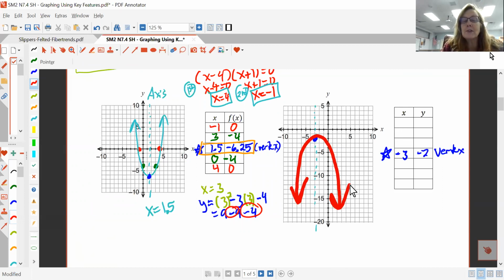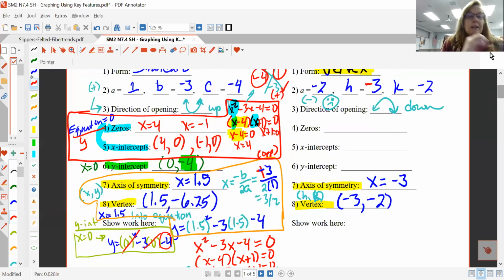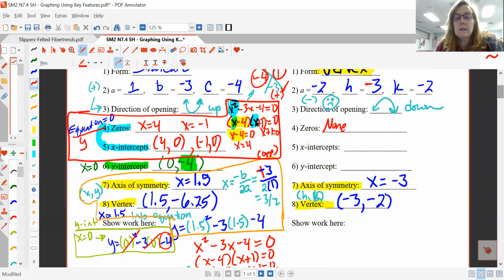Since my graph is going down from the vertex, I should be able to see just by thinking about it or drawing a possible shape for it that I do not actually have any zeros or any x-intercepts. So we can write none. You can write D N E, does not exist. Why? You need to say why.